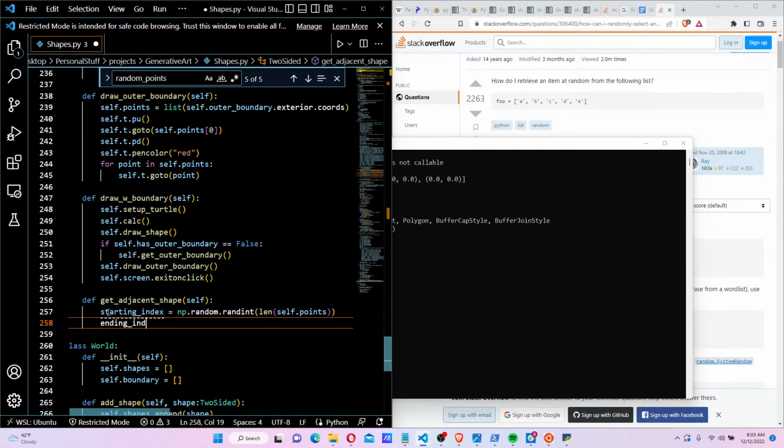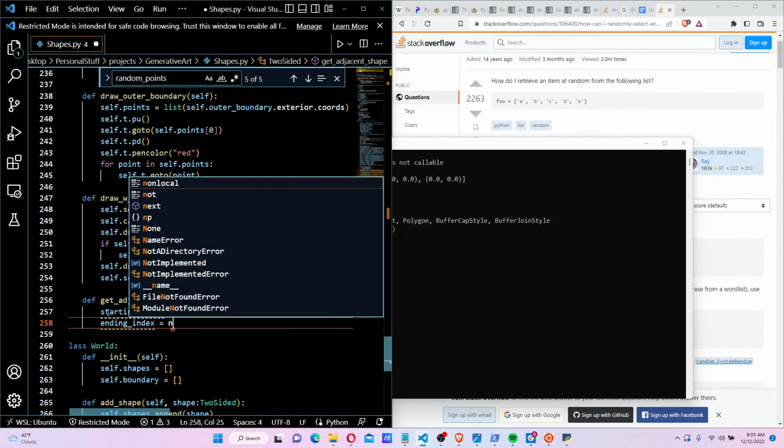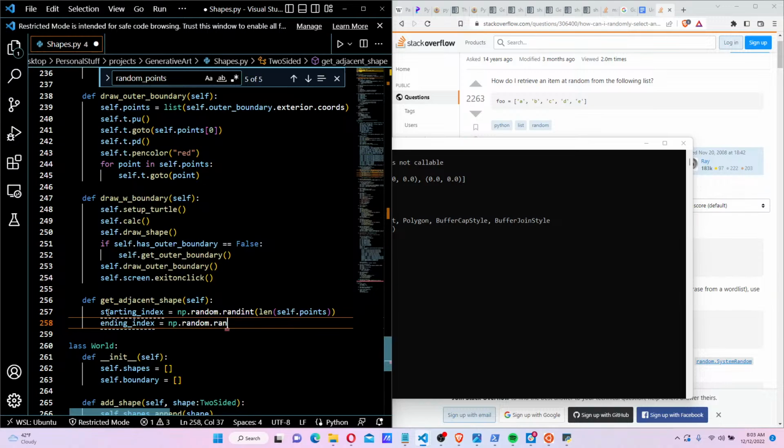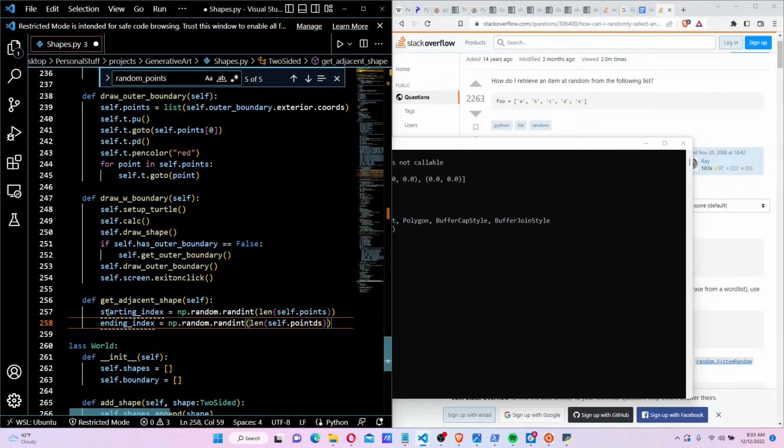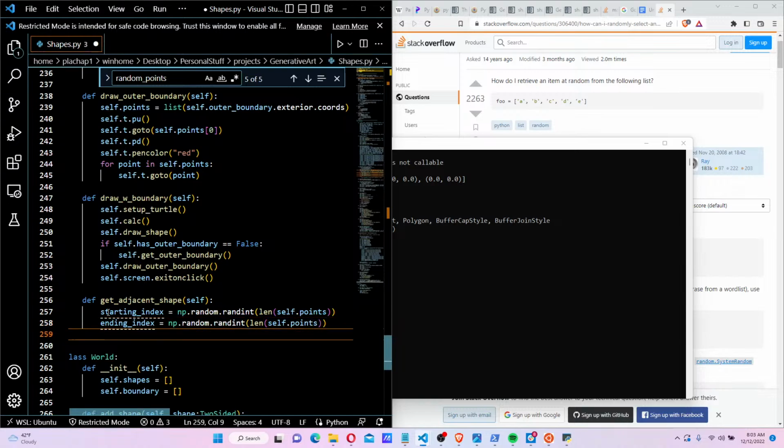Ending index. Okay. Actually, I think it doesn't matter if the indices go backwards or forwards because it's just which direction it draws the line.